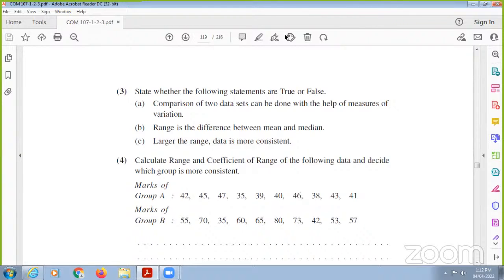The answer will be 0.3913. This is the coefficient of range. Comparing groups A and B, you will find that group A is more consistent.